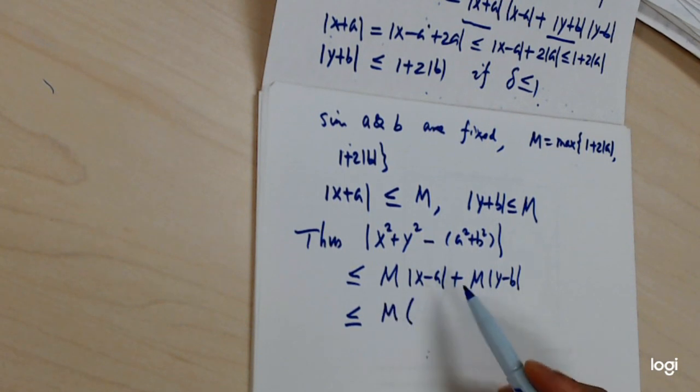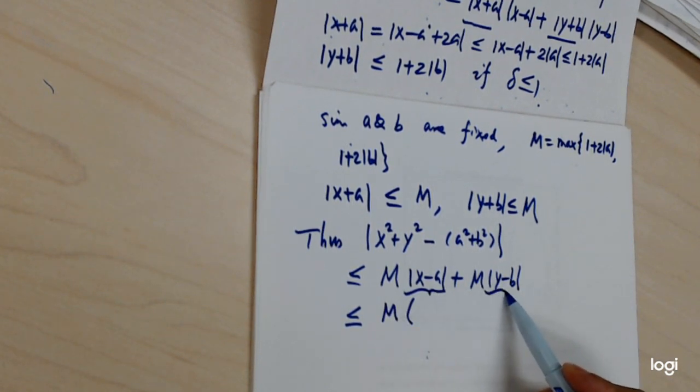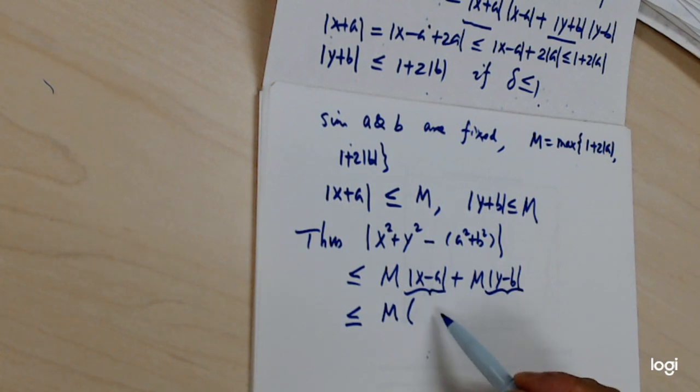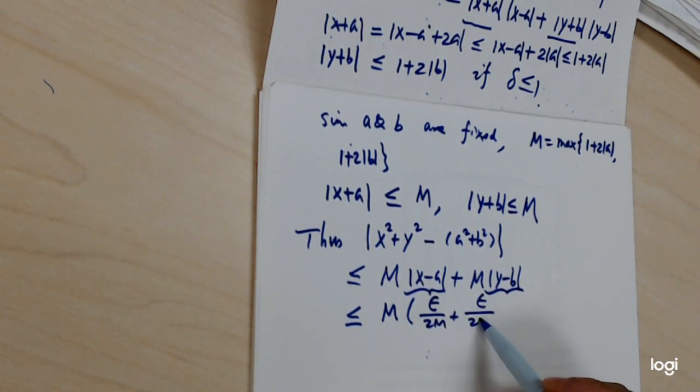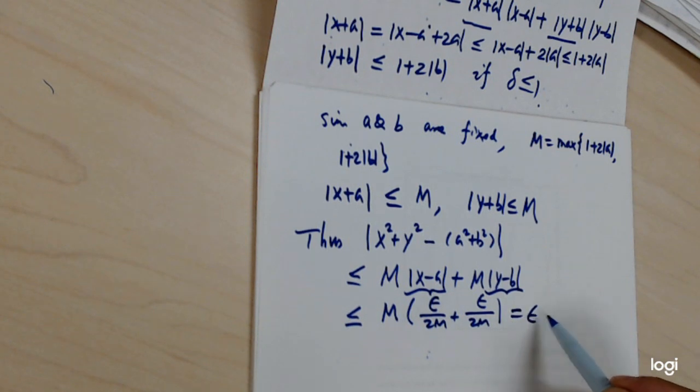Take the M out. Those two terms are both less than delta. But if I can make this less than epsilon over 2M, I can make this less than epsilon over 2M, then the whole sum will be less than epsilon.